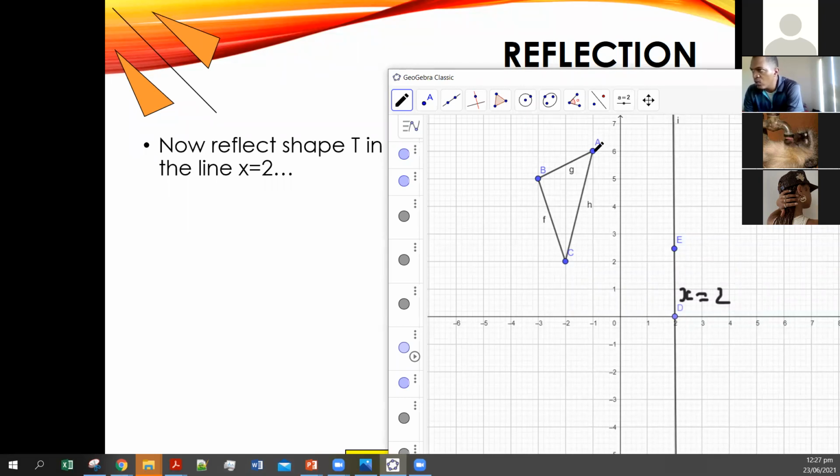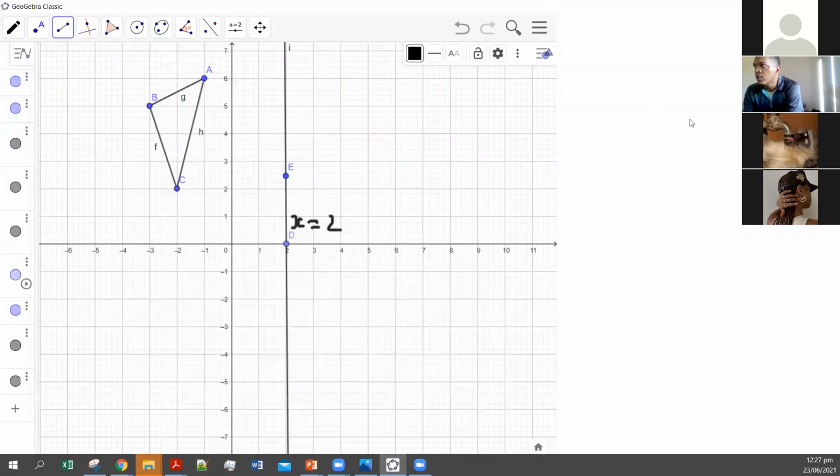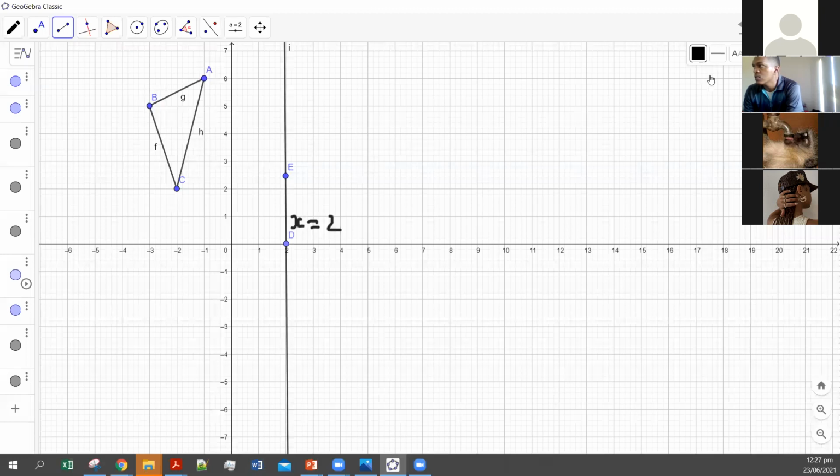So instead of us going from A to here and then here, we have to go all the way until here. Let me make this one big because we know where we need to reflect it. And I'm just going to change the colors as we draw in some things.